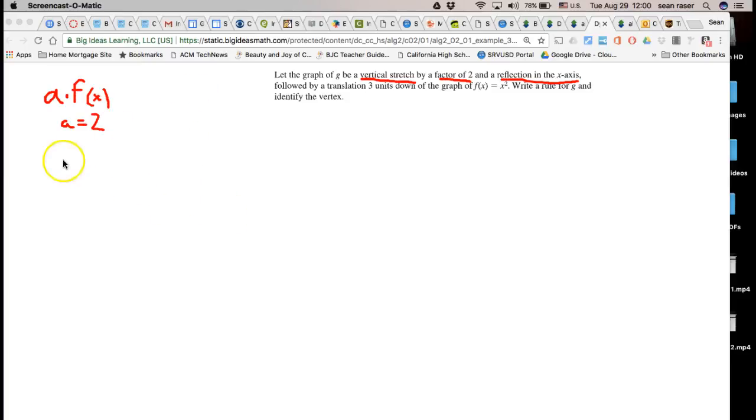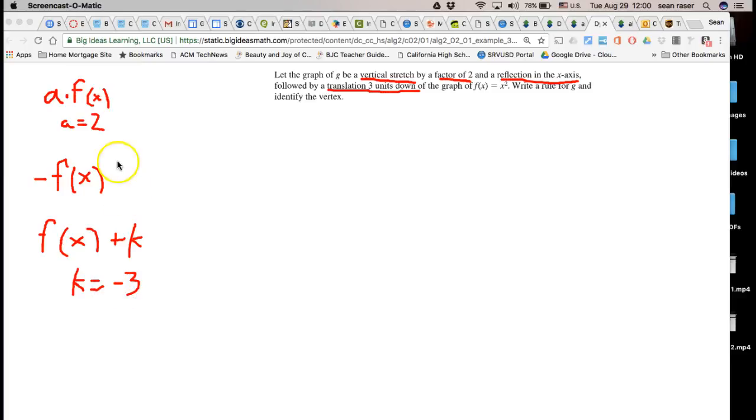So that means that we're going to be taking the opposite of our function, followed by a translation 3 units down. 3 units down is again going to be a vertical translation, and that means that we're going to be doing f of x plus k, and in this case we're going 3 units down, so k is going to equal -3.